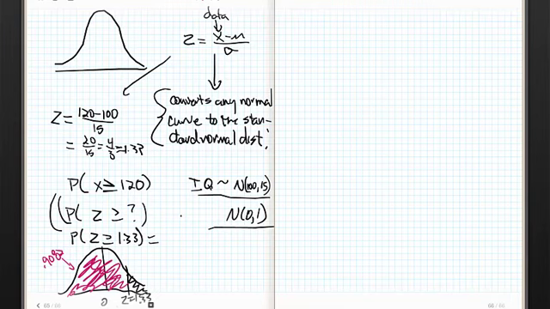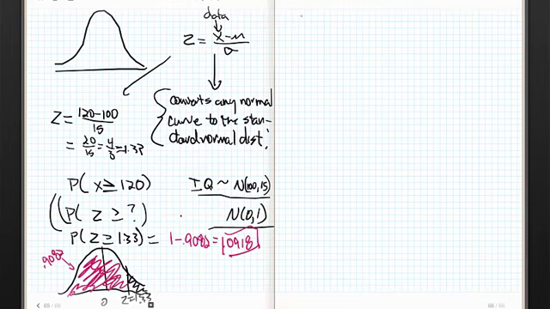Well, I know this is a probability distribution, so I know that the area under the curve has to equal, say it with me, 1. So this probability right here is just 1 minus 0.9082, which is simply 0.0918. So the probability that you select a person at random and have their IQ test at or above 120 is 0.0918. Isn't that cool?